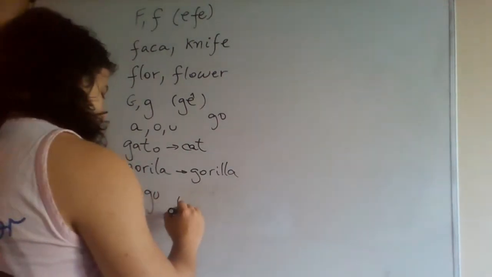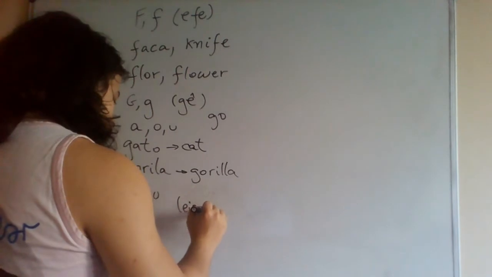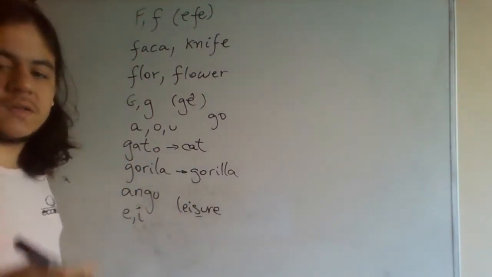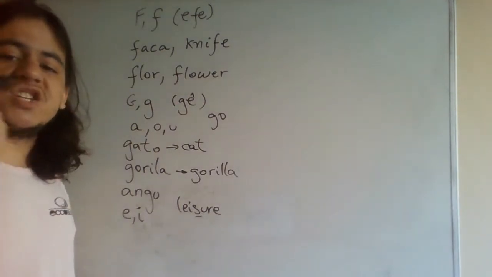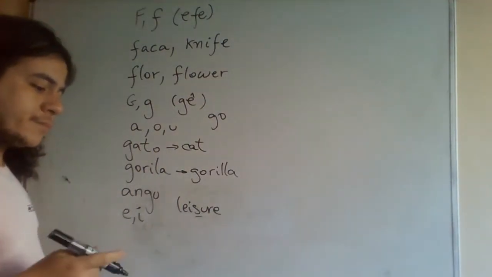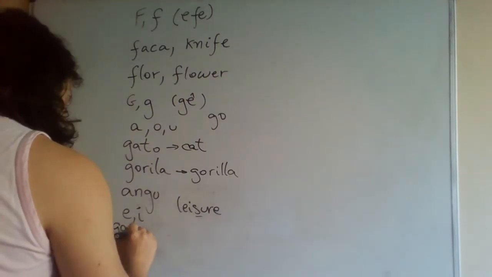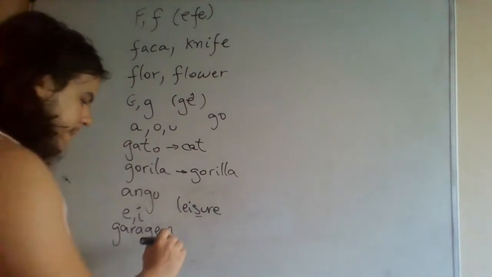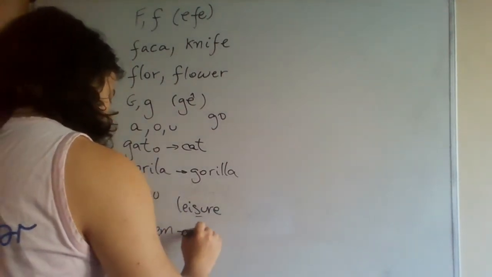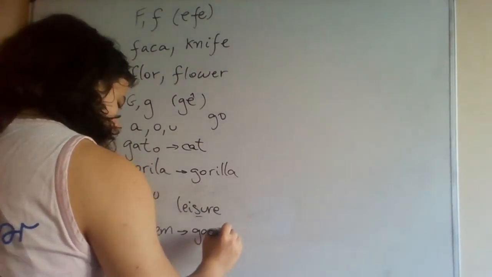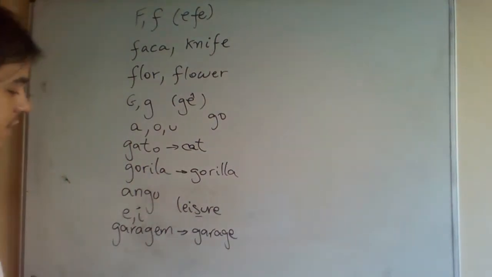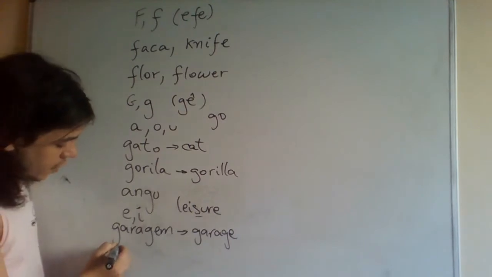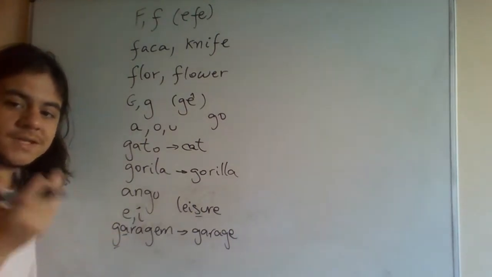Before letters E and I, it has a soft sound. Like, for example, this S here in leisure is this sound, J, leisure. For example, this word here, garagem. It means garage. So here we can see the two sounds of letter G. Here before letter A, hard sound, ga.